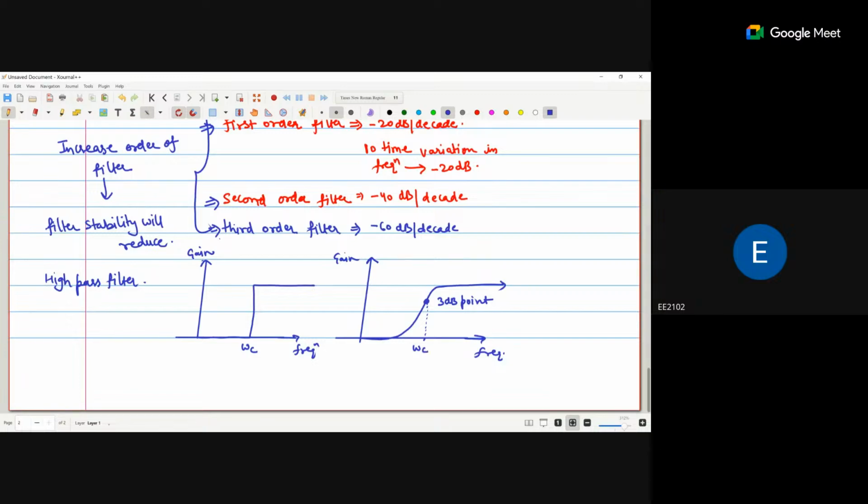What is the 3 dB point? Again, the maximum magnitude is 1, so it is 1 upon root 2 times the maximum, or basically 70.7% or 0.707 of the maximum.